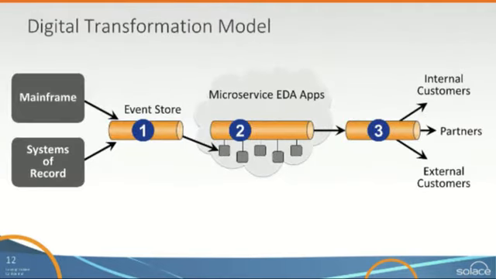So one of the most common discussions we get into with our customers, however, is they're really working to undergo this digital transformation model, and microservices and event-driven architecture are becoming key to that. One of our customers, for instance, was trying to build some new capabilities, and they have a lot of mainframe applications today.